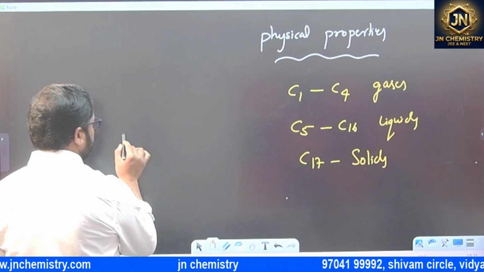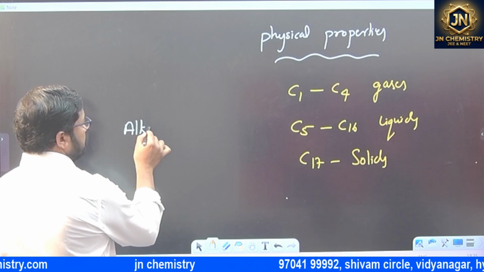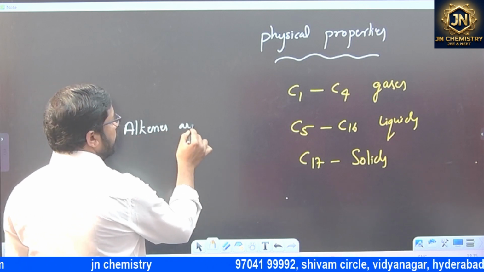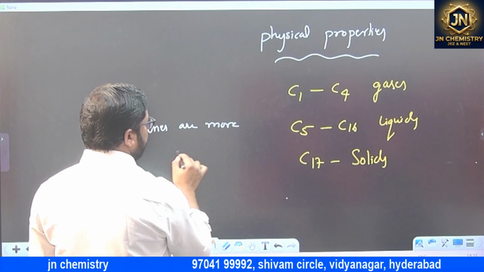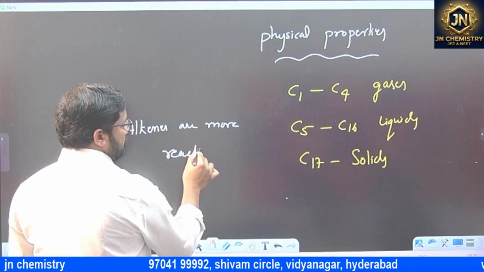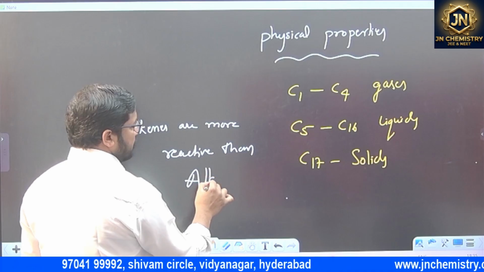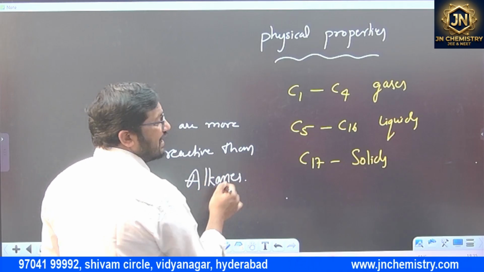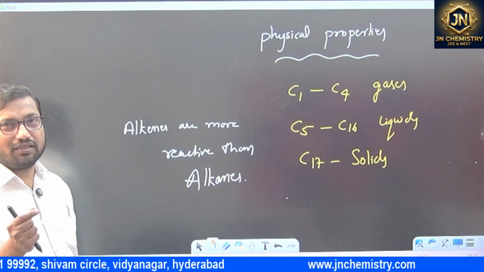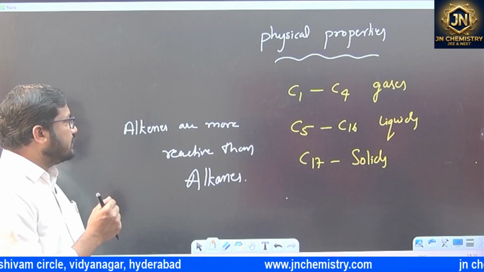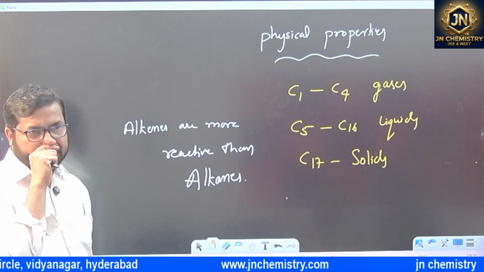Alkenes are more reactive than alkanes. Alkanes are somewhat inert in nature because they are saturated hydrocarbons. Alkenes are more reactive.